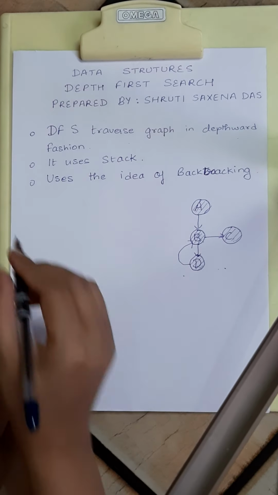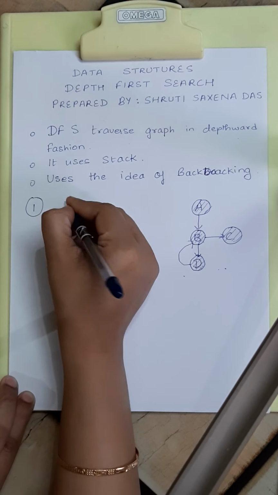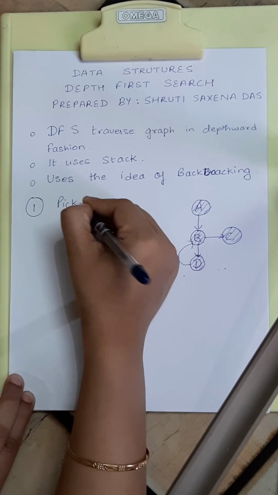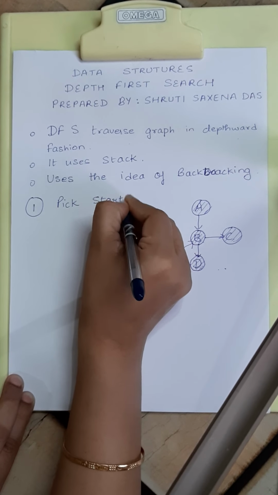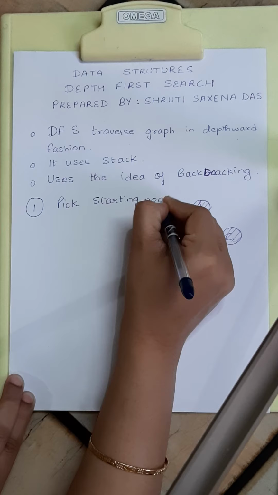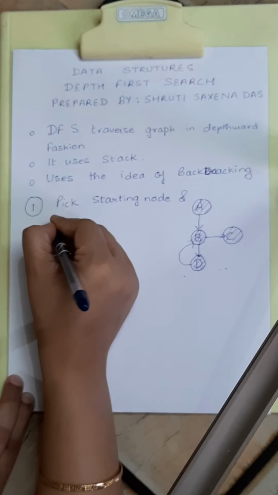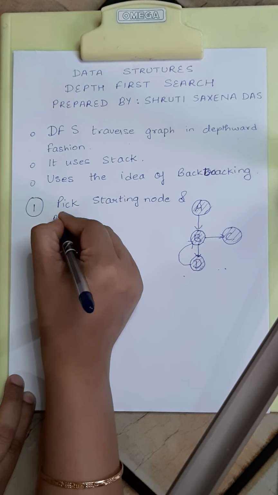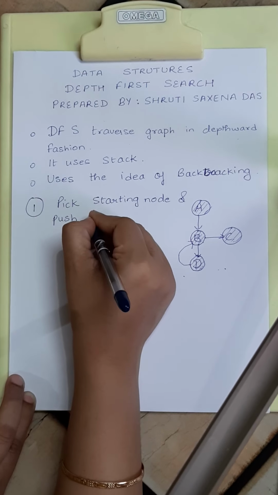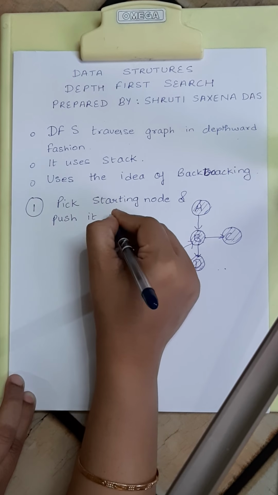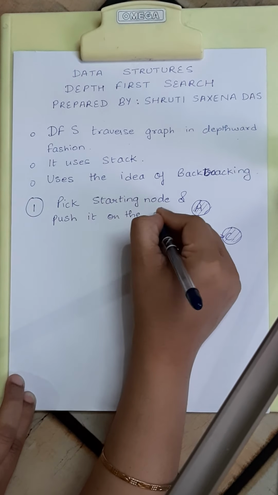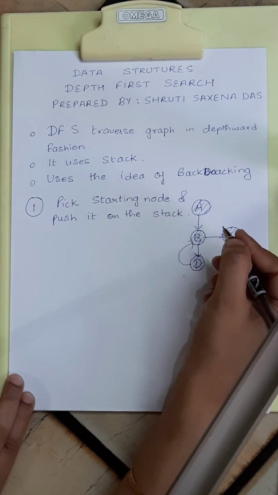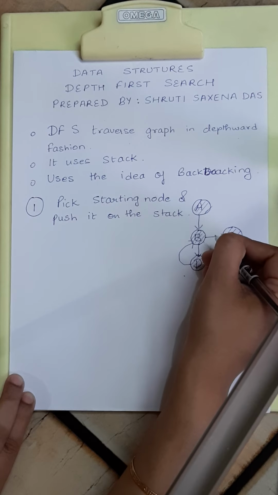Here the basic steps are: first, you have to pick a starting node and push it on the stack. Then we have to check for the adjacent nodes of this particular node.